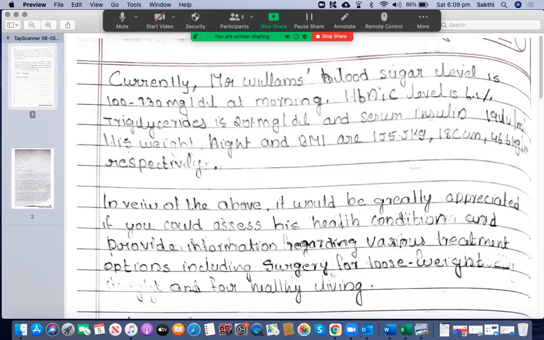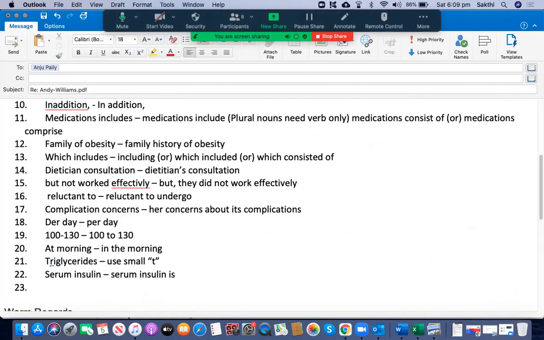You could mention if he's overweight. You don't need to mention the weight, height, and then BMI. Body mass index is measured by taking into account the height and weight. So you can say, he is overweight with the body mass index of, and that's okay. You don't need to mention all these things. Do you understand? Try to use fewer words to convey a lot of information.